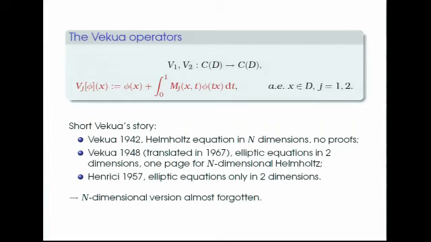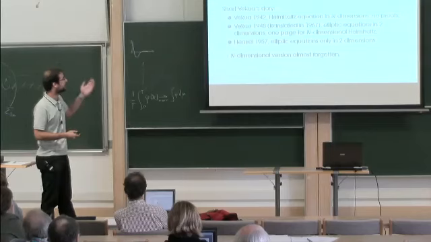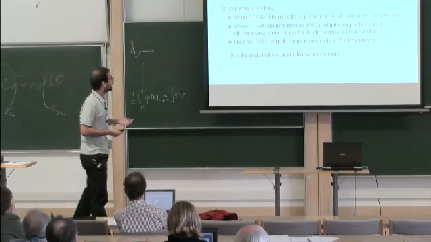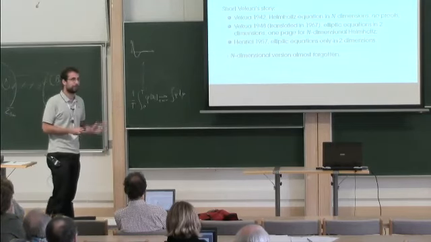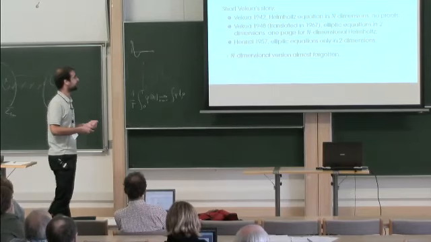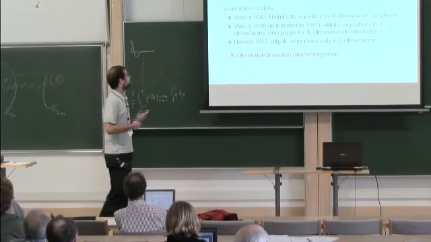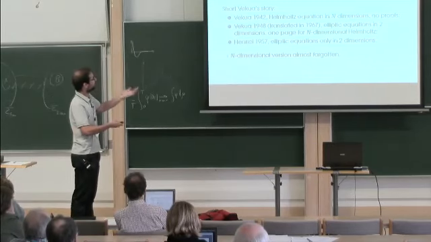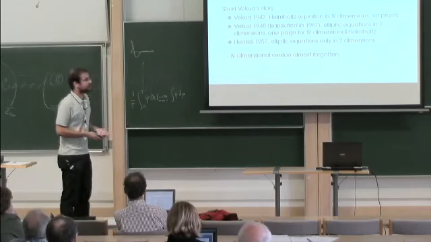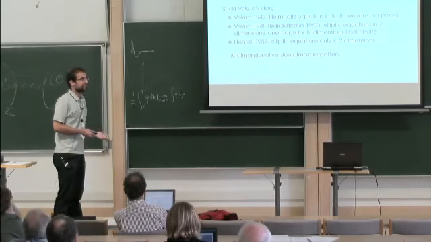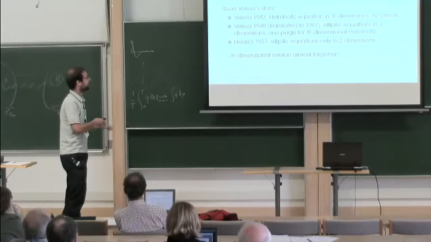After 10 years, Peter Henrici wrote a sort of summary of the book of Vekua, a very nice summary, but he forgot the page about the n-dimensional version for Helmholtz. Later, the book was translated into English, but all the people who used Vekua theory just probably read the summary of Henrici.